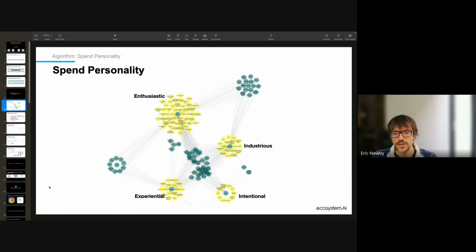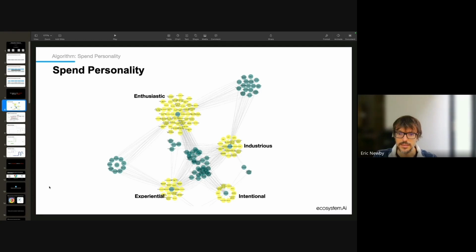That's looking at transactions with the financial institution, and using those transactions to determine your personality of engagement with that institution. It's not meant to figure out your actual personality as a human being, but it is an indication of the way you see your relationship with that organization and how you engage with them.